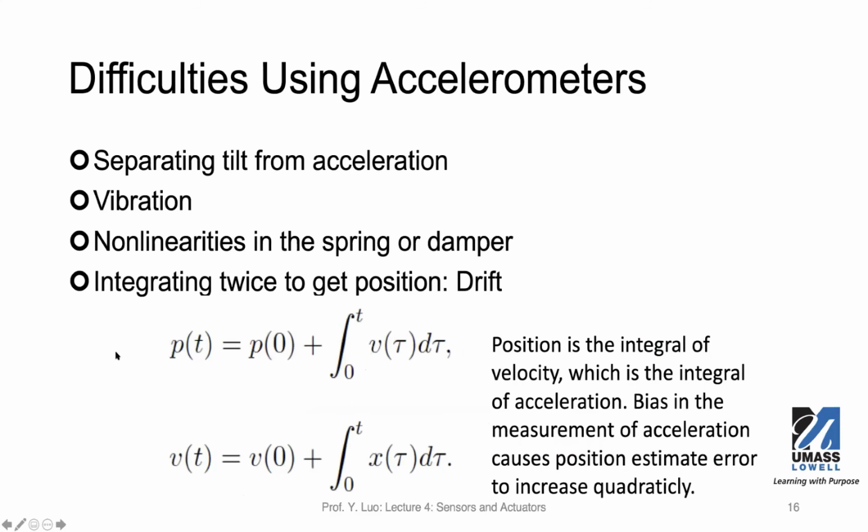So that was a brief explanation of how accelerometers work to measure acceleration. As we can see, there are some things we need to consider when we design or use accelerometers. First of all, it's difficult to separate tilting from acceleration.